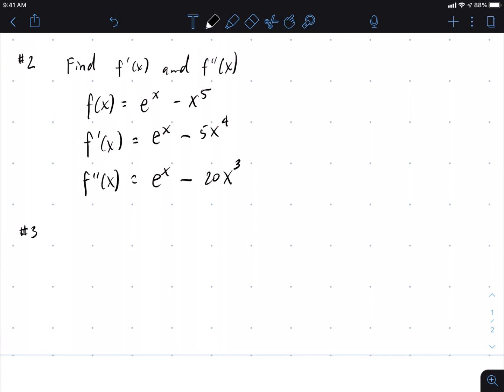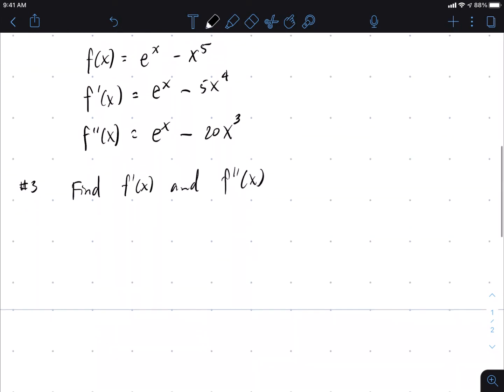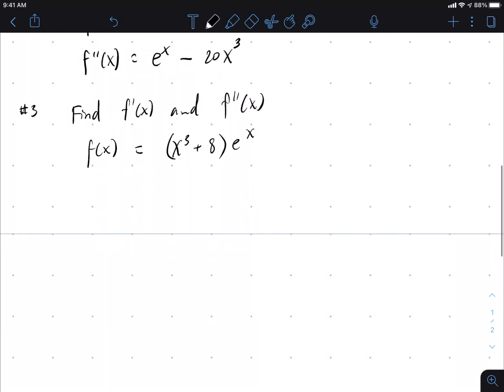Okay, let's do another one. Same thing. We're going to again find the first derivative and the second derivative, and our function is going to be f of x is equal to x cubed plus 8 times e to the x.